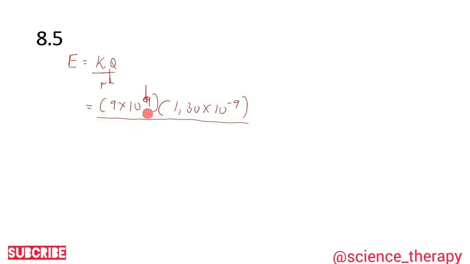Remember, the spheres have now touched and shared electrons. The distance is 0.1, and punching that into your calculator, you have 1170 Newton per Coulomb. If your calculator is in scientific form, you'd have 1.17 times 10 to the exponent of 3 Newton per Coulomb.